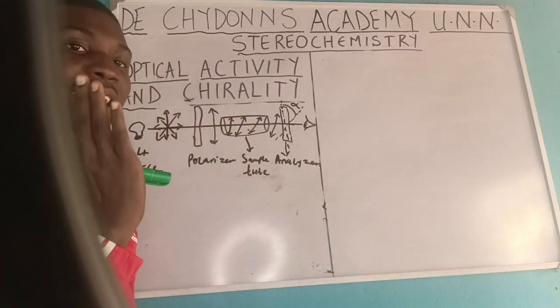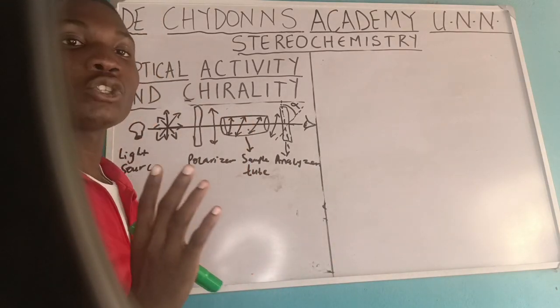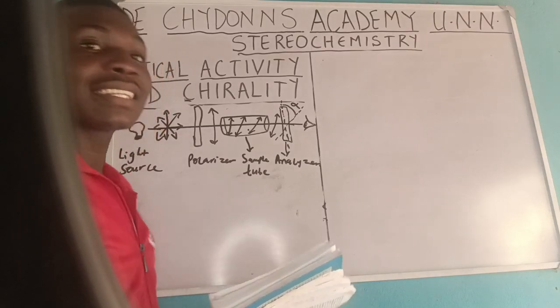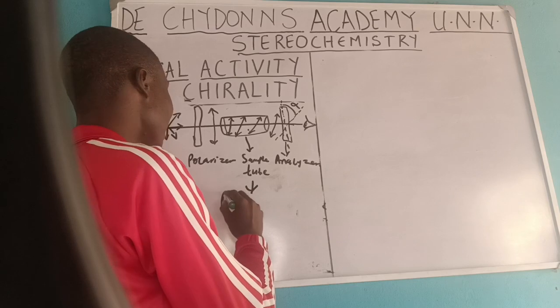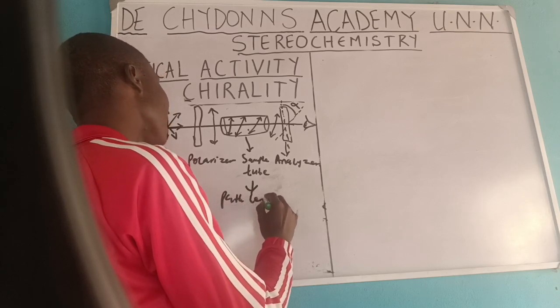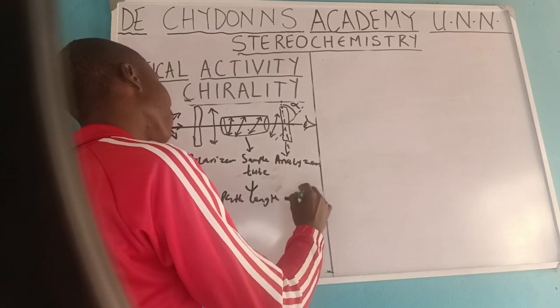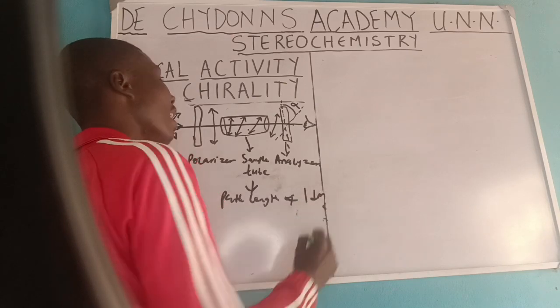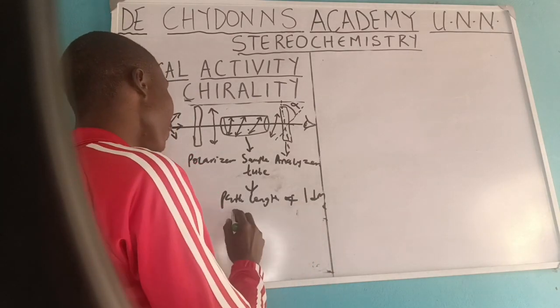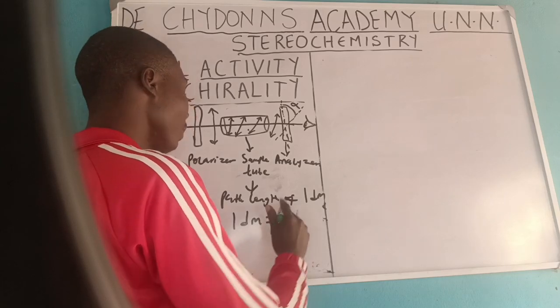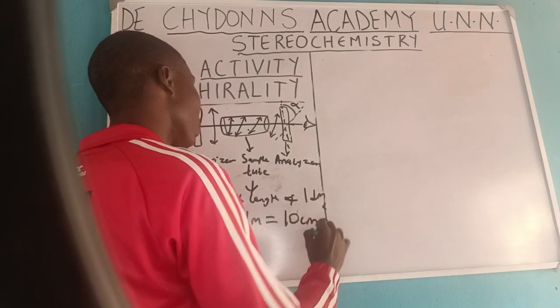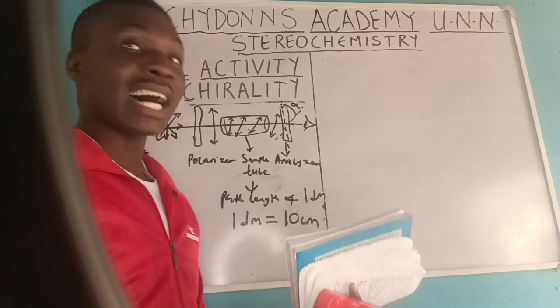It's already dropped inside the sample tube. Now, a standard tube for a polarimeter has a path length of 1 decimeter, and from the normal mathematical relationship we know that 1 decimeter is equal to 10 centimeters. So that's for the standard polarimeter tube.